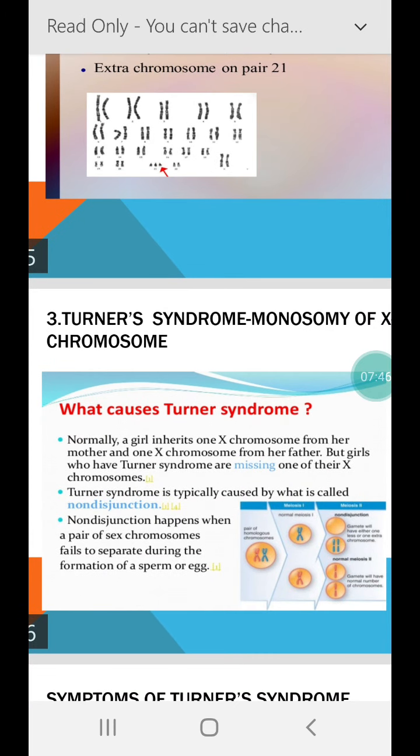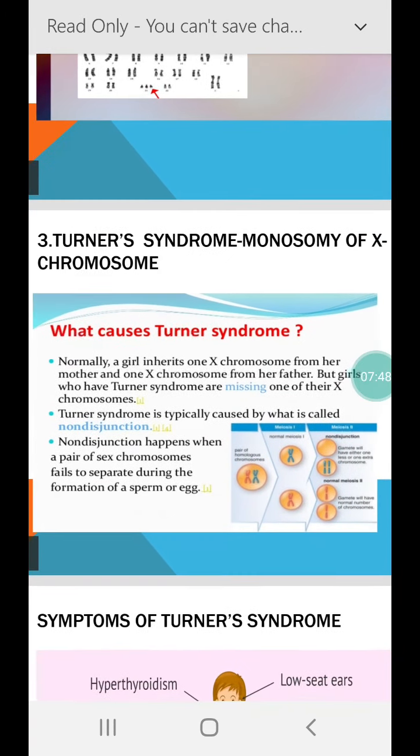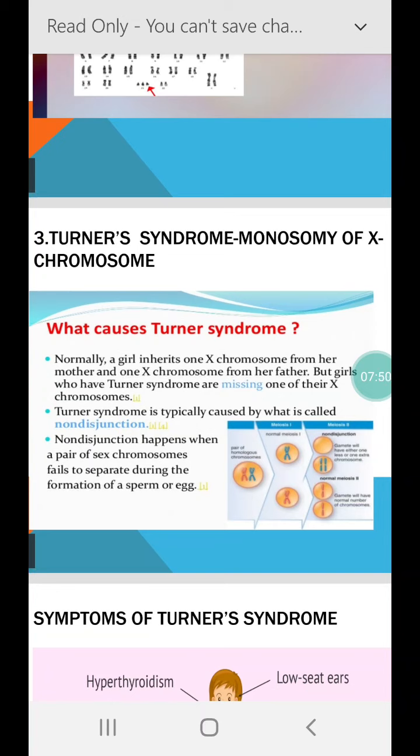Next is Turner syndrome. It is monosomy of the X chromosome. Normally a girl inherits 1 X chromosome from her mother and 1 X chromosome from her father.